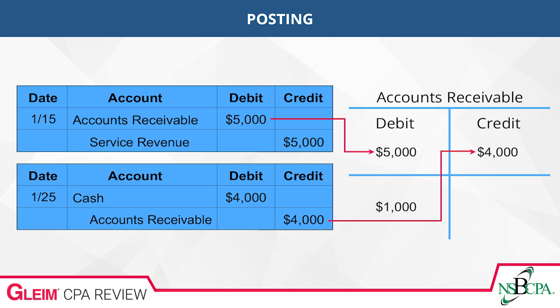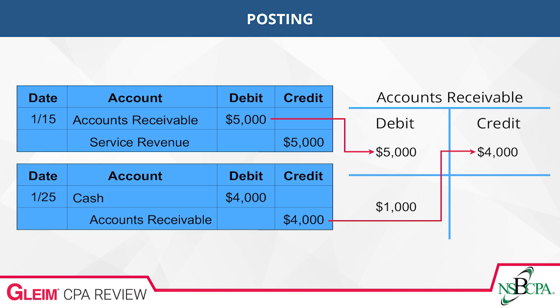After all the transactions are posted, then you will find the balance of the account. You would add up all the debits, which is easy here, 5,000. Then you would add up all the credits, which is easy in this example, 4,000.